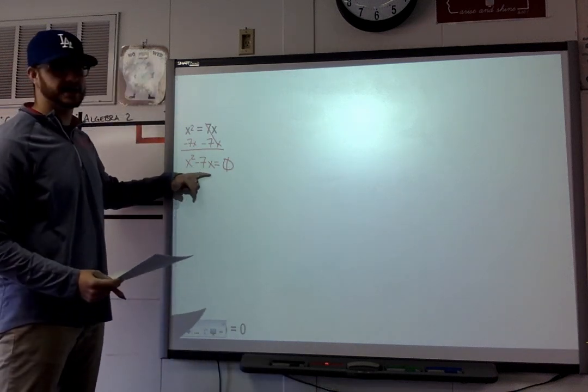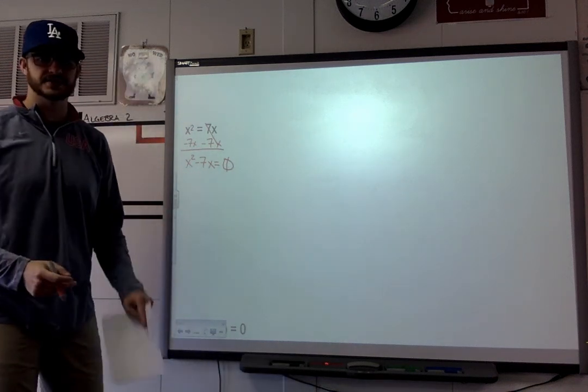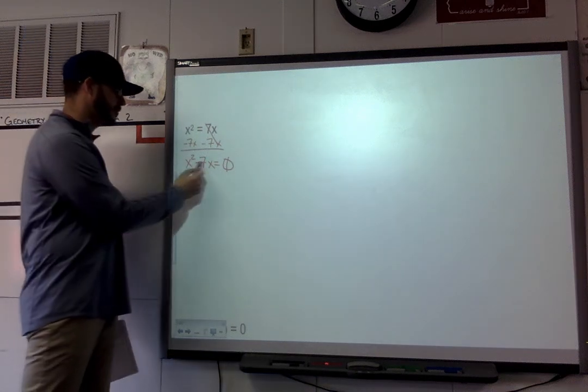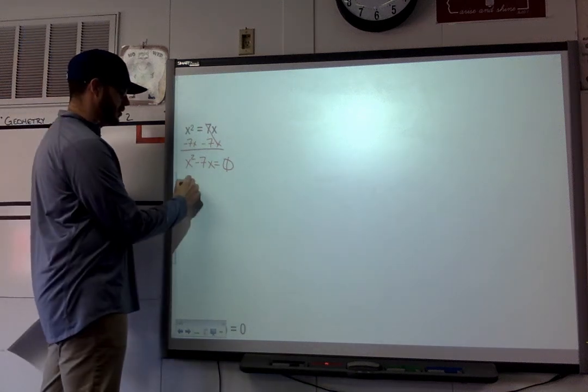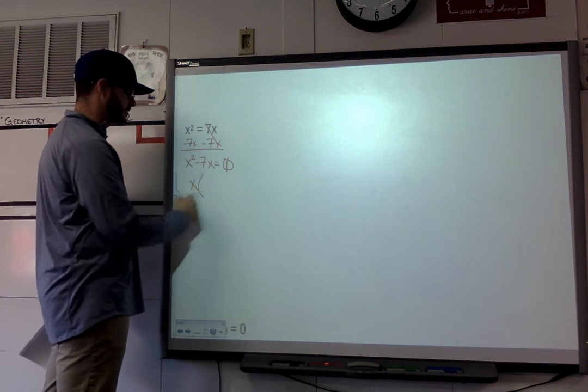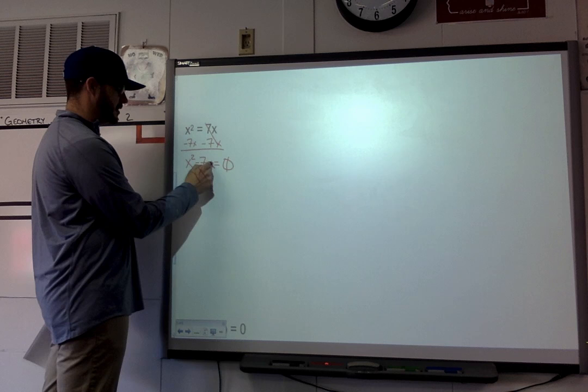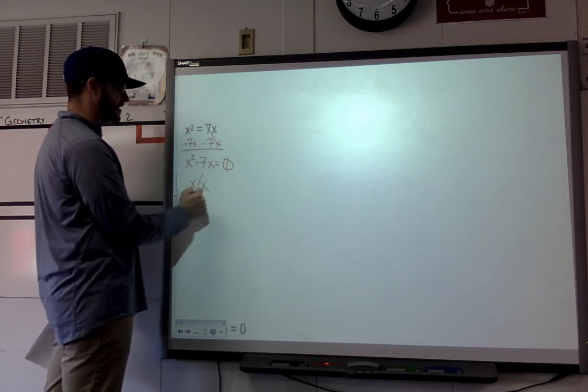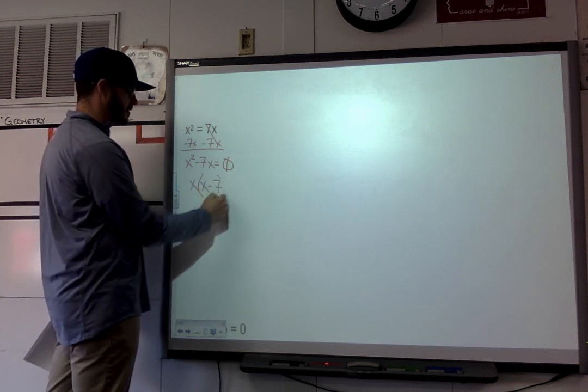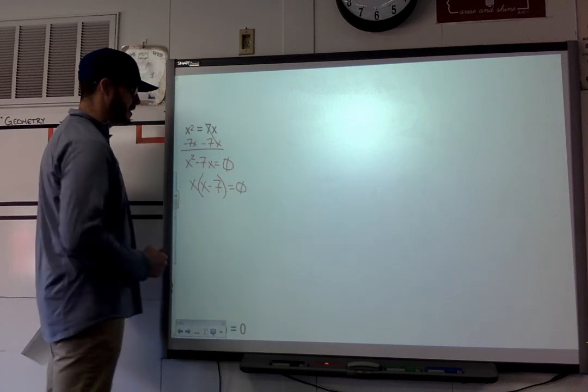Now we need to factor this side. X squared minus 7x. What can we take out of both of those terms? The only thing that can come out is an x. X squared divided by x, we're left with x. Negative 7x divided by x, we're left with negative 7.